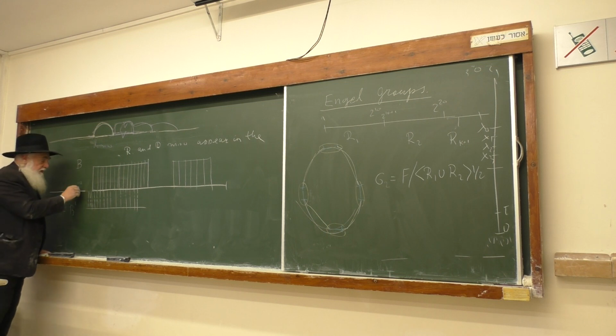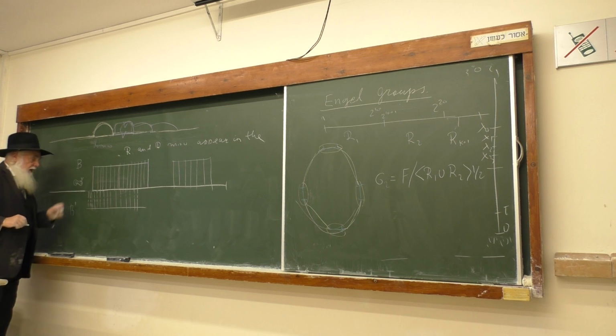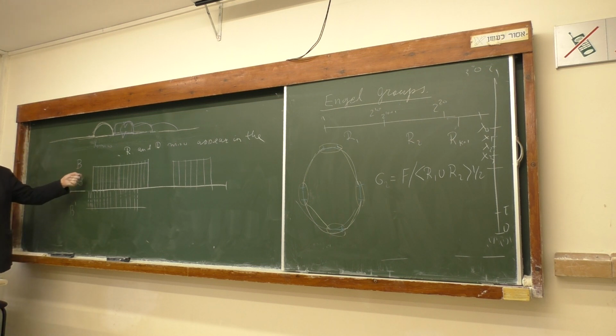So this flat should move along this, corresponding with B prime. So B prime should actually commute with this angle relator on this side of it.